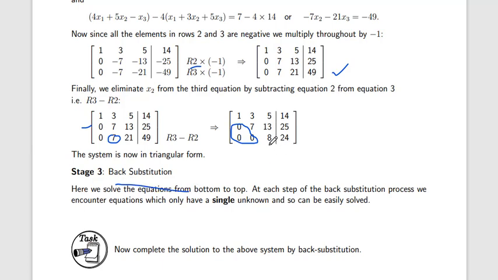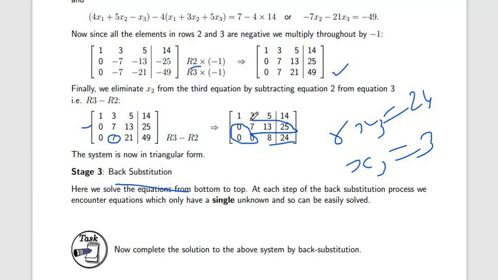How to solve by back substitution? First of all, 8x3 is equal to 24, so we have x3 is equal to 3. Now the second row becomes 7x2 plus 13x3 is equal to 25.